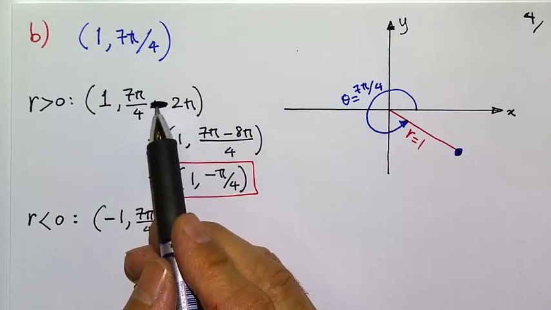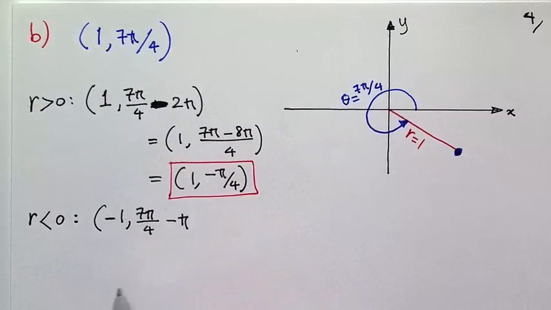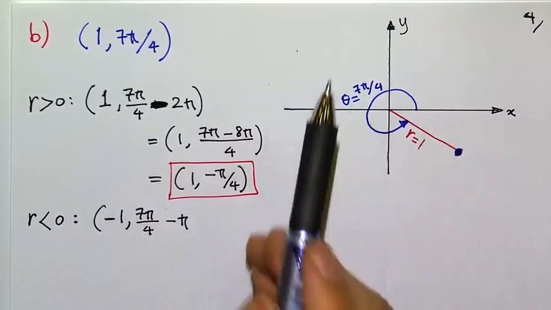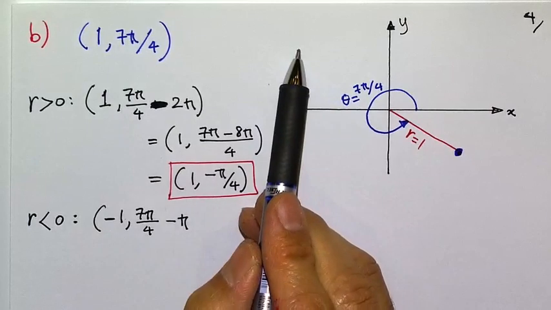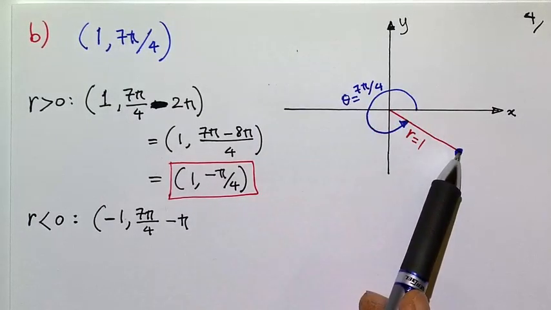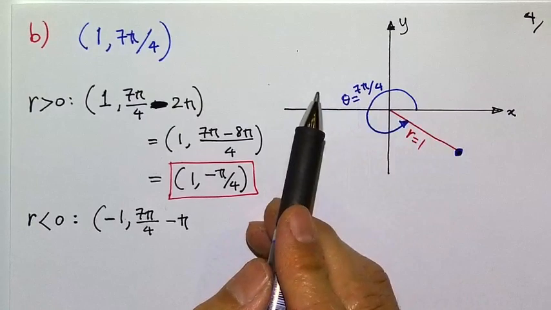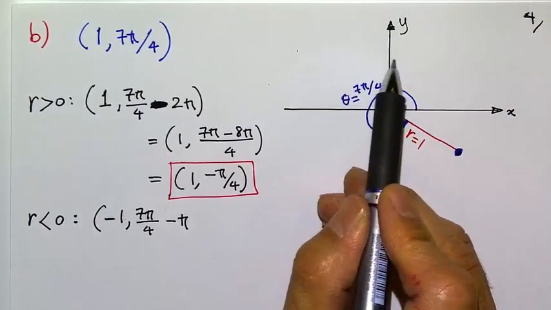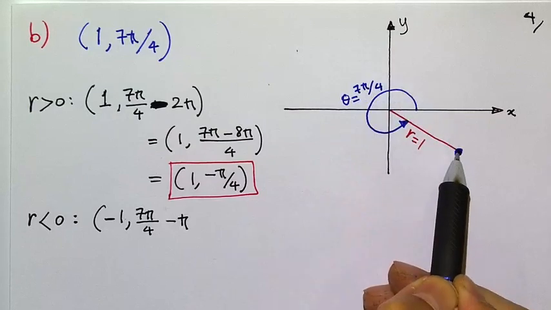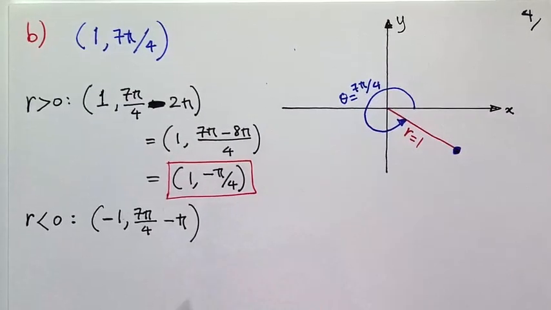So here I subtracted, I'm going to subtract pi. Since I don't want to be here after making r negative, I want to be back to the point where I was. So subtract pi, which means I moved in the clockwise direction, back to the original point.